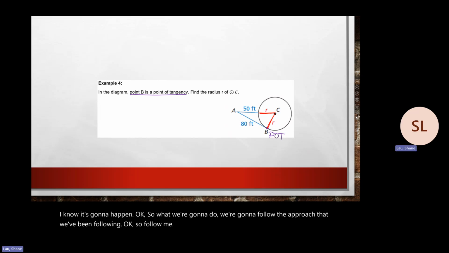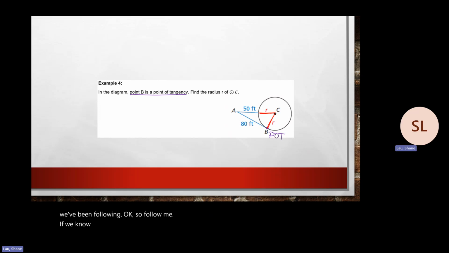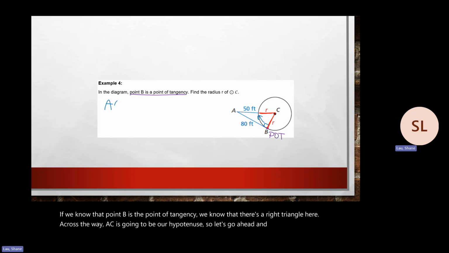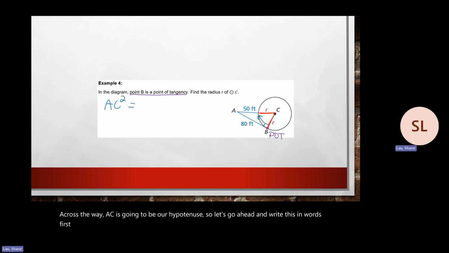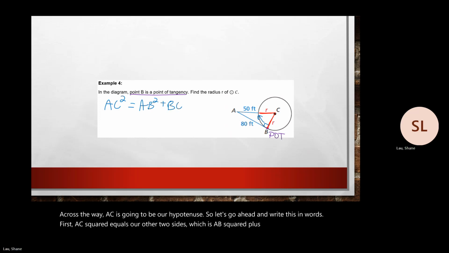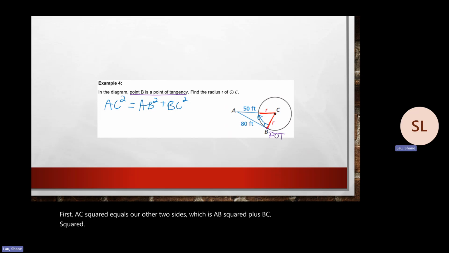Well, if we know that point B is the point of tangency, we know that there's a right triangle here. Well, across the way, AC is going to be our hypotenuse. So let's go ahead and write this in words first. AC squared equals our other two sides, which is AB squared plus BC squared. So we'll replace with what we know.